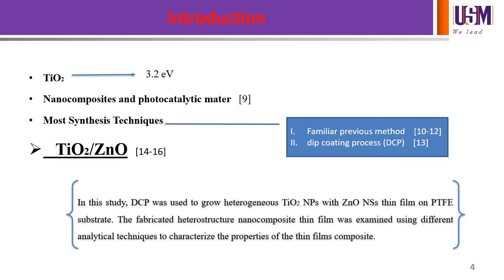In this study, titanium dioxide nanoparticle with zinc oxide nanoseeds films were grown on PTFE substrate using the deep coating process.